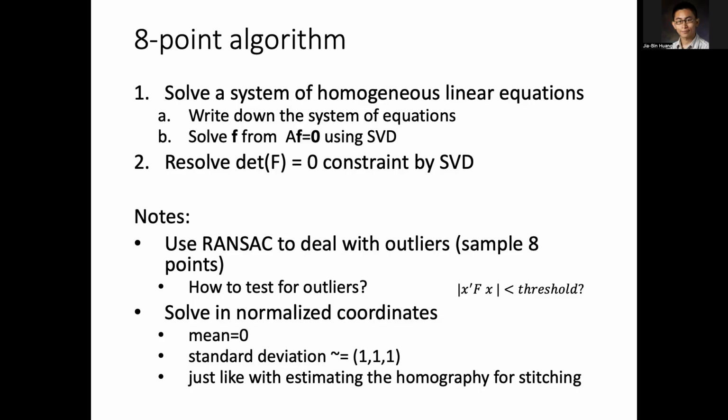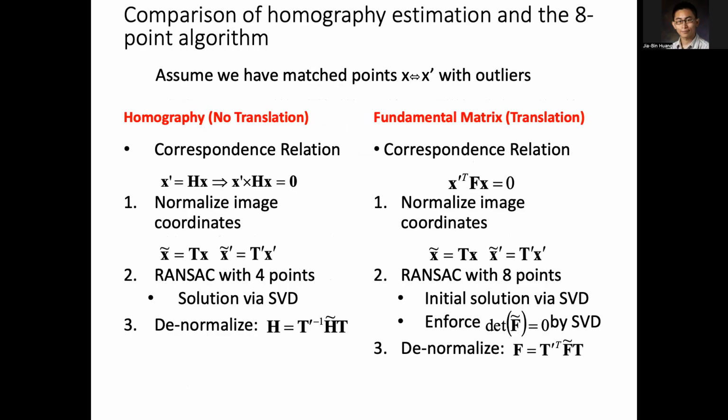So you can see the comparison between homography estimation and the 8-point algorithm for the fundamental matrix. On the left-hand side the relationship is this one, and on the right-hand side the relationship is this one. The algorithm works very similarly.